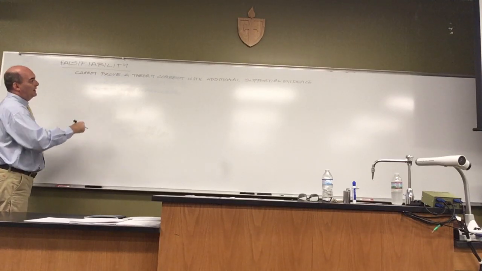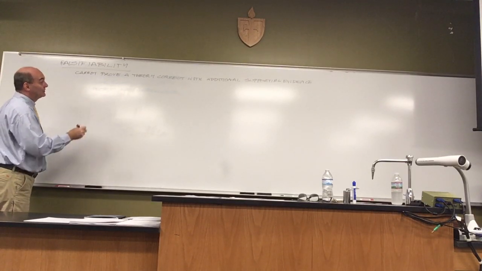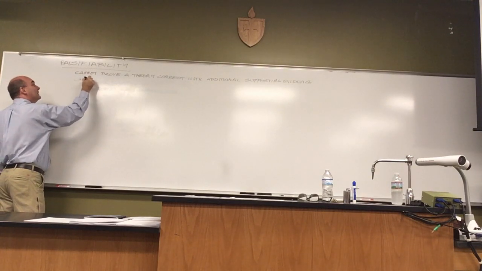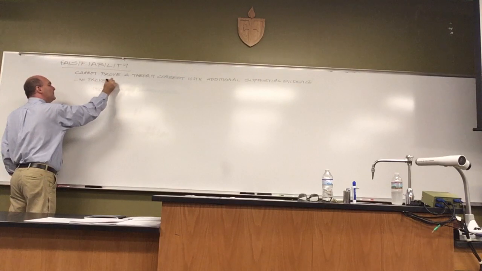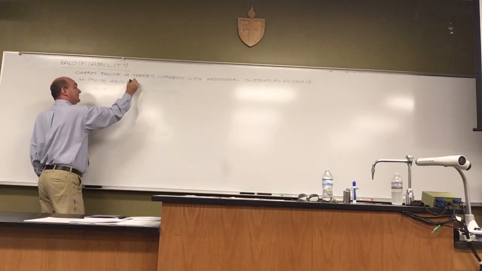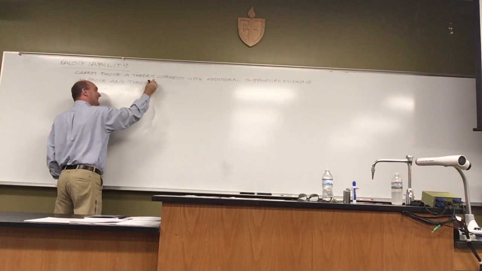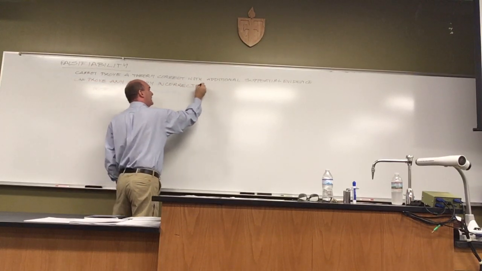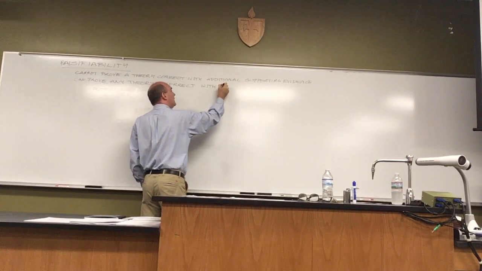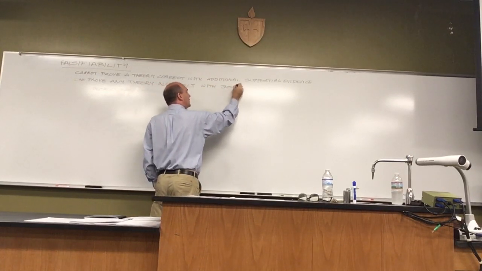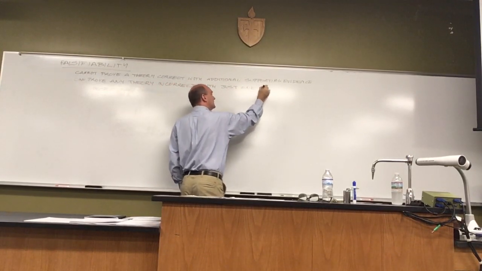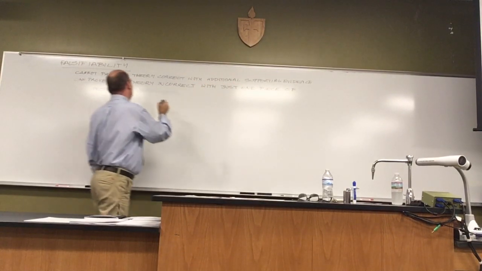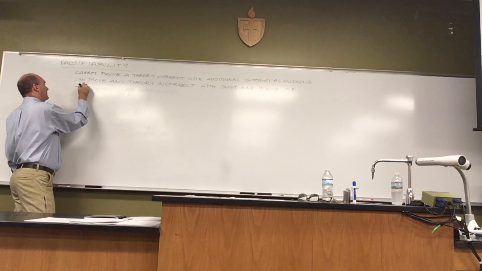So you cannot prove a theory correct with additional supporting evidence, but you can prove any theory, even the big ones, incorrect with just one piece of evidence to the contrary.